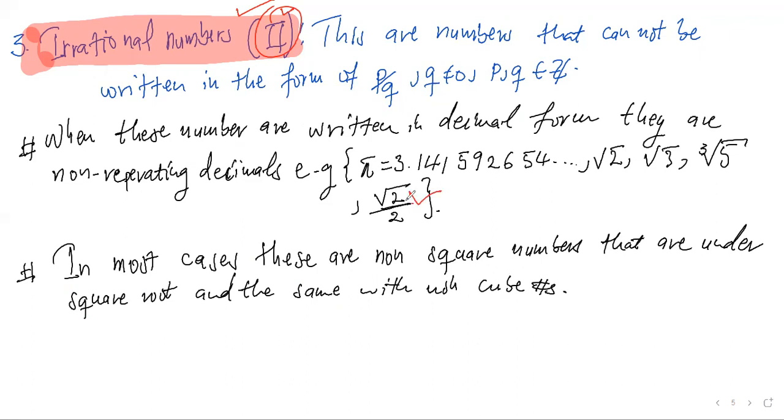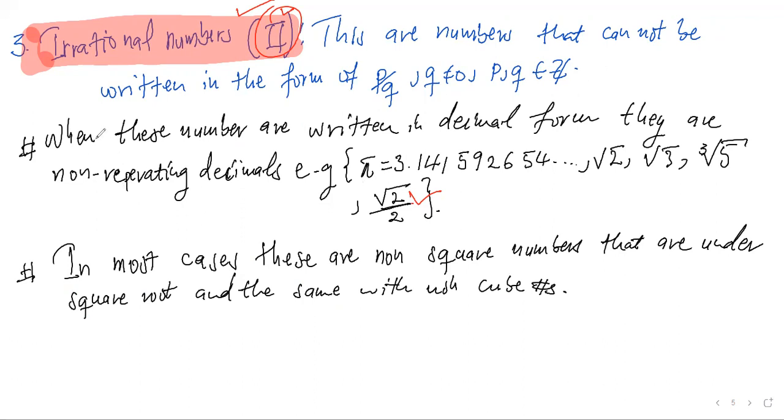Examples are cube root of 3 or cube root of 2 over 4, as long as the number under the root is something else. Numbers like pi over 2 are also irrational. So I guess I was clear with that.